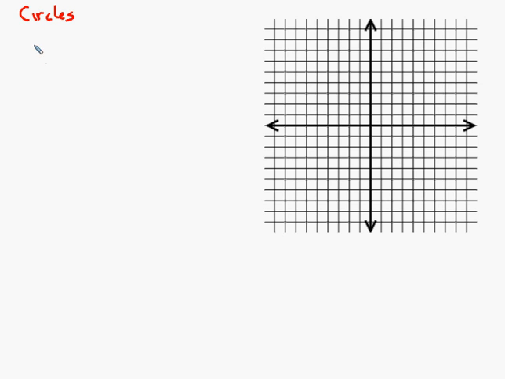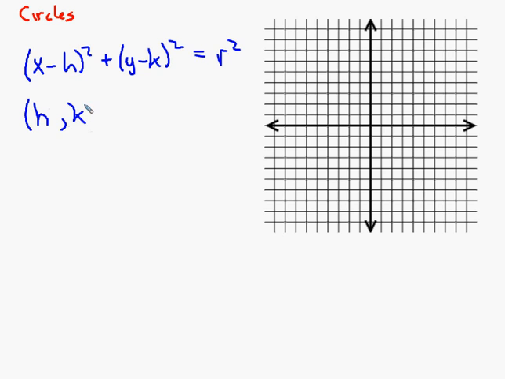Okay, circles. The work form of a circle is going to be x minus h squared plus y minus k squared equals r squared, where h, k is the center and r is the radius.